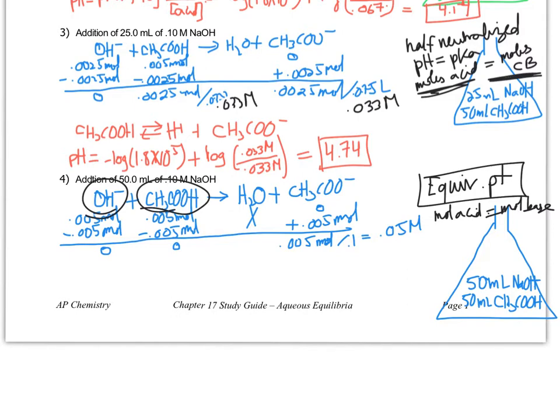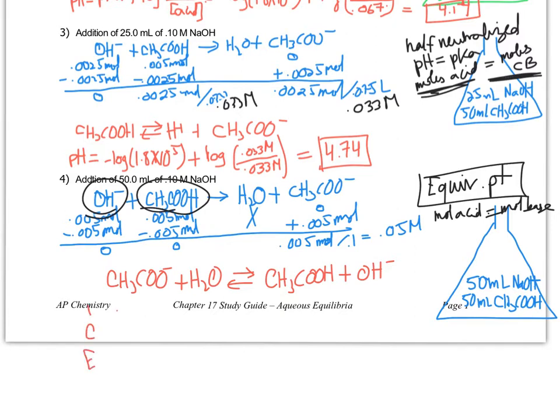My acetate ion, the CH3COO minus, is going to react with water. That's going to be in equilibrium. I'm going to form some acetic acid and some hydroxide ion. And I need to do an ice chart here.